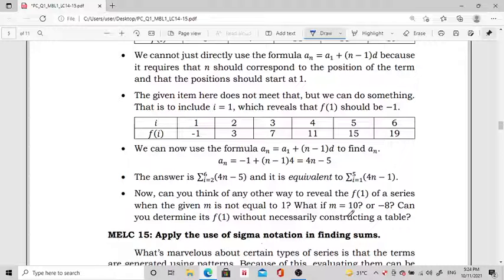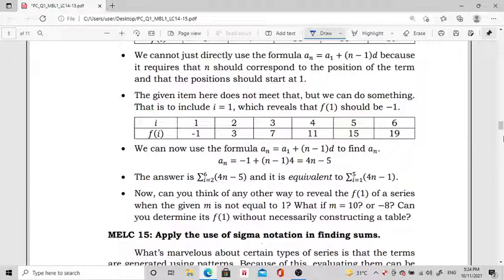What if ang binigay sa atin na m ay 10? Meron bang shorthand? Can you think of a shorter way para mahanap yung f of 1 without necessarily constructing a table of values? Or what if m is negative 8? Paano kaya natin malalaman yung f of 1 nung given na series?